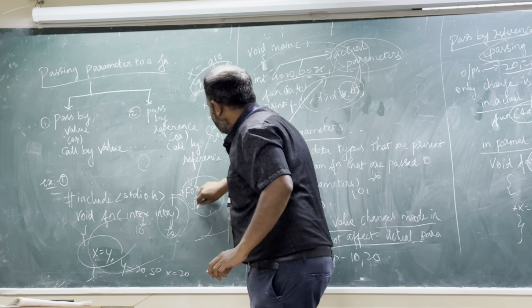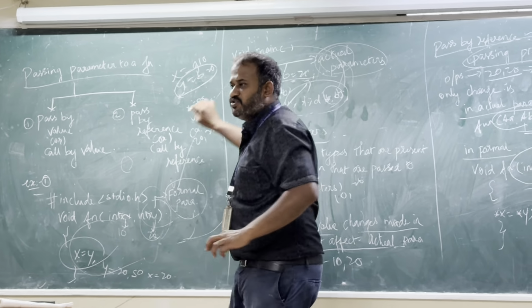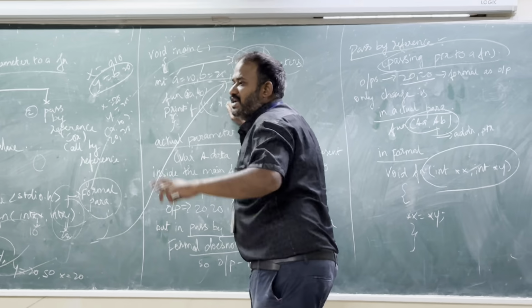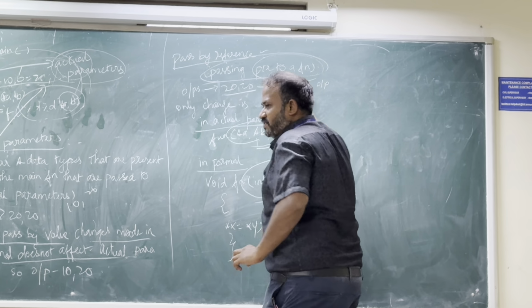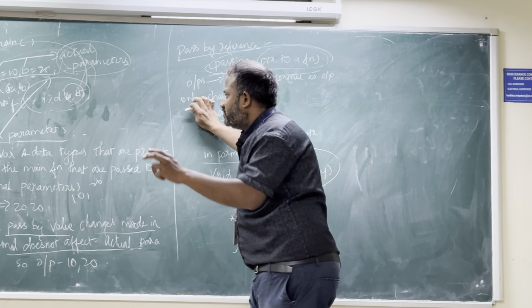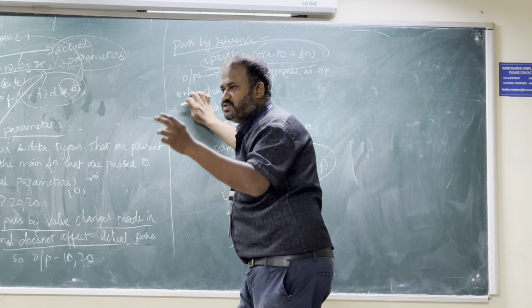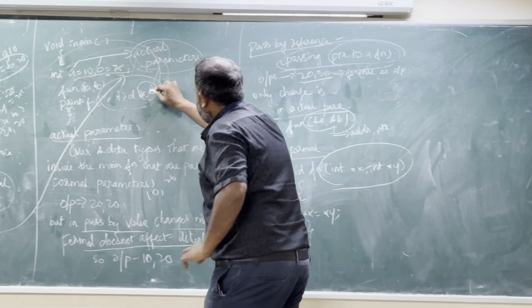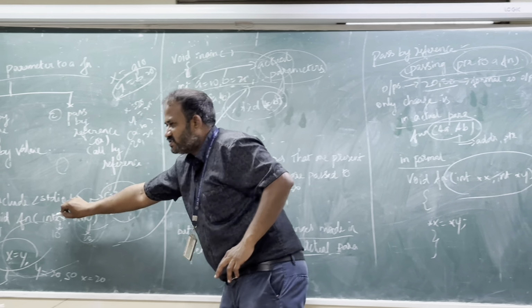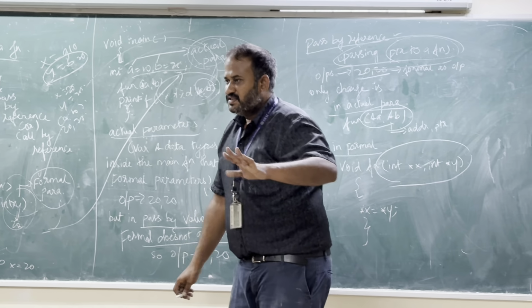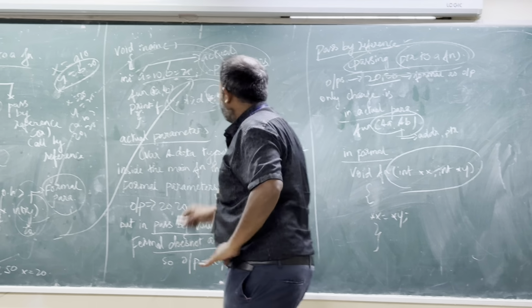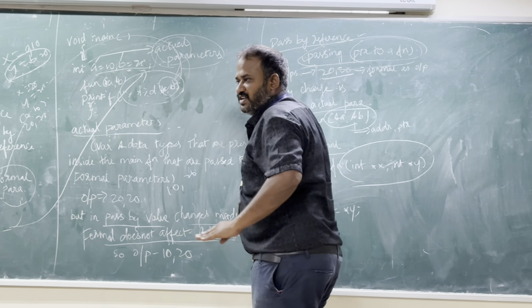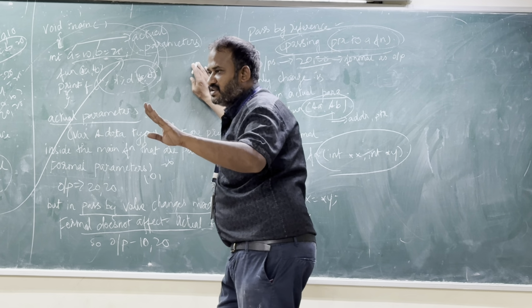Second point, here we are using a pointer to a function, so you have to use the ampersand symbol and also the integer star symbol. Are you able to understand? A pointer is used to define the location of the variable. Correct?